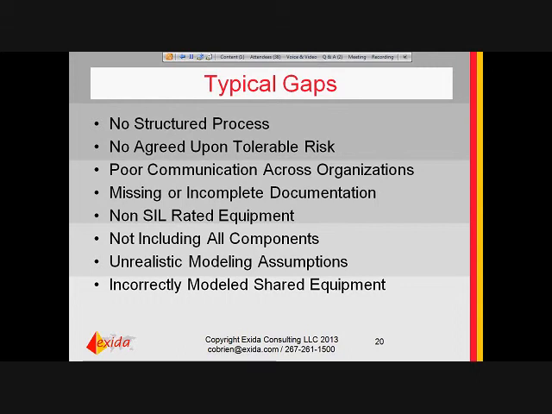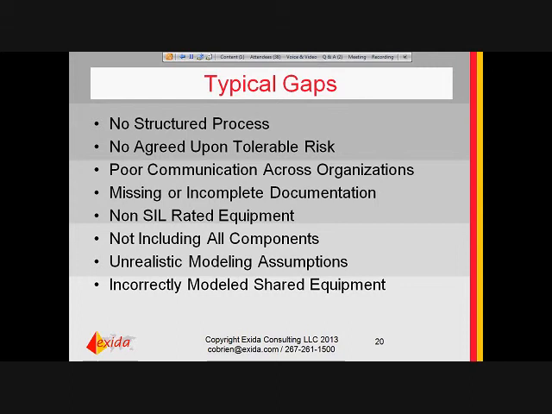If there isn't an agreed upon and communicated tolerable risk criteria used by all the different people bringing parts in to build the plant, the hazards can be targeted at different levels. There can be poor communication across organizations, missing or incomplete documentation, and the use of non-SIL-rated equipment for critical safety functions occurs. When the analysis is done, not all components may be included.